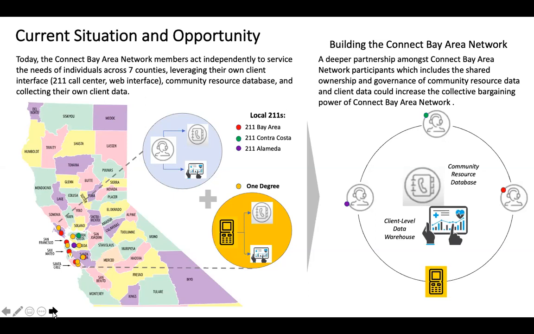Because ultimately we know that this data should belong to, or a community should have some say in, the data that's collected upon them, that's present within their community. And these organizations were willing to say, okay, how can we partner together, especially in this time of COVID, which has highlighted that everything that we're doing should not be done on an individual level. How do we partner up to understand how we can achieve a community information exchange? Next slide.